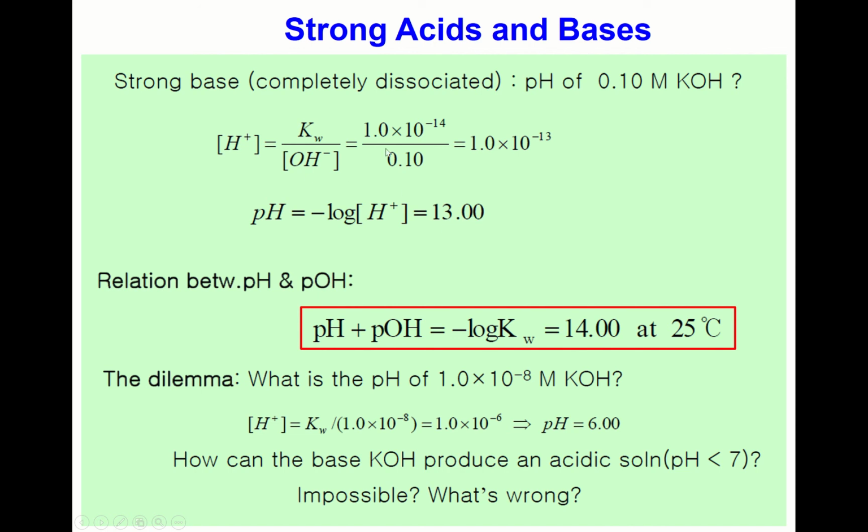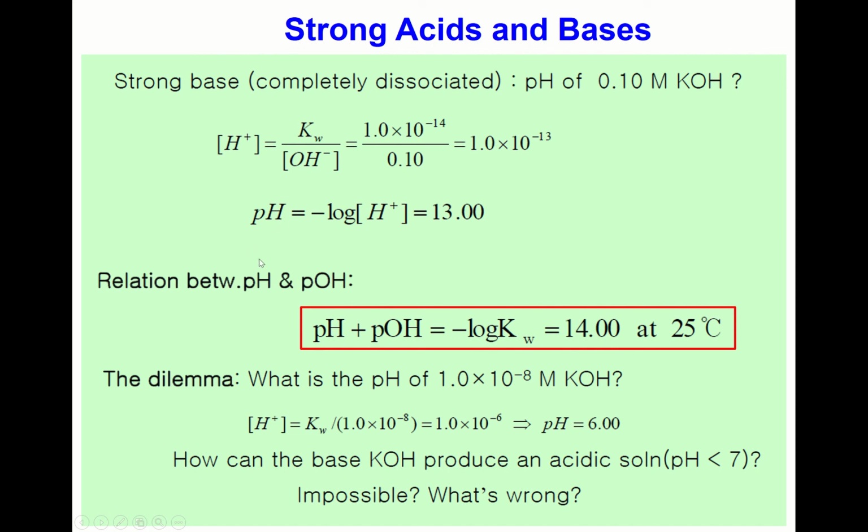Or you can directly calculate pOH, which is defined as the negative logarithm of hydroxide ion concentration, but people usually use pH, so it is convenient to express our answer in terms of pH.